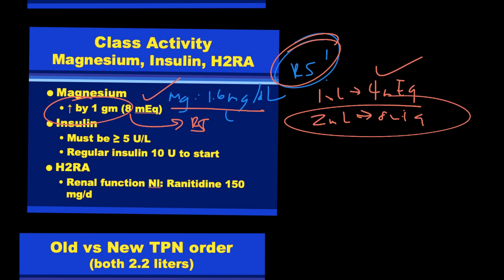Insulin, give him regular insulin. It should be graded, according to your previous slides, at least 5 units per liter. It's a 2-liter bag, so you should give him at least 10 units to start. H2RA, ranitidine, 150 milligrams based on his renal function. You can look that up.